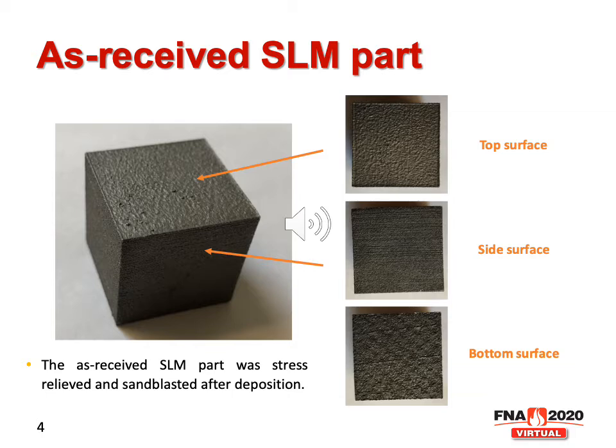The top one is for the top surface, and the middle one is for the side surface. You can see the layer by layer structure for this AM part on the side surface. And the bottom surface looks very different from the top surface because it's cut from the substrate.